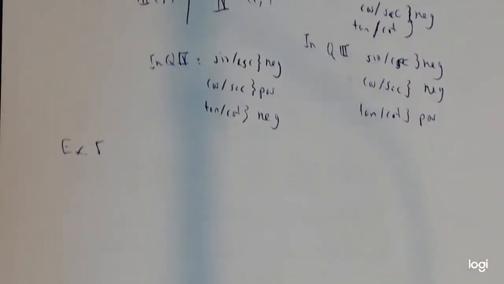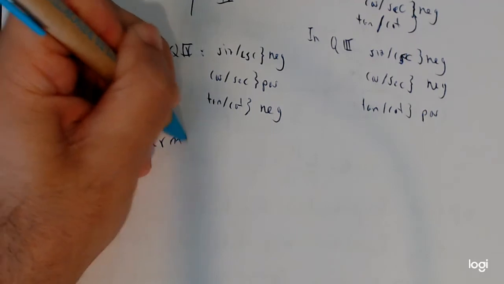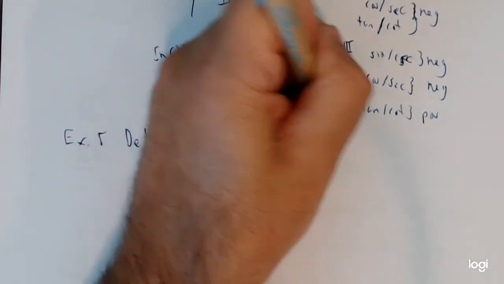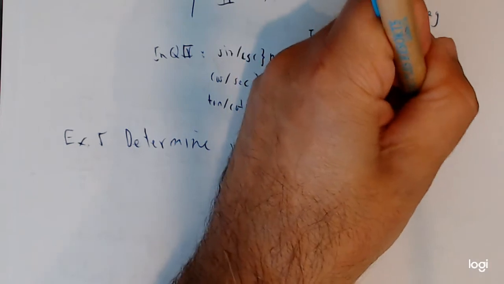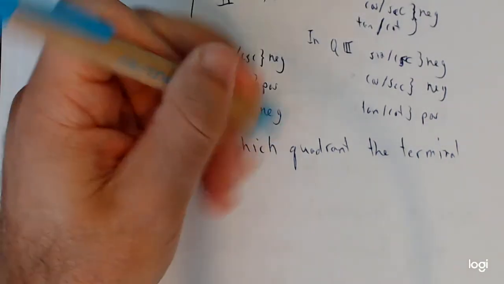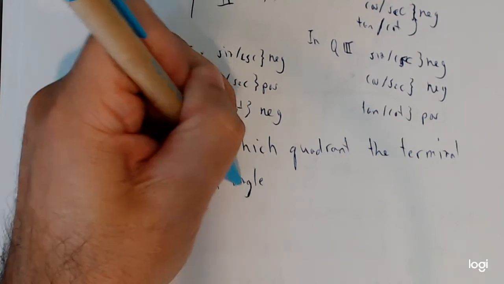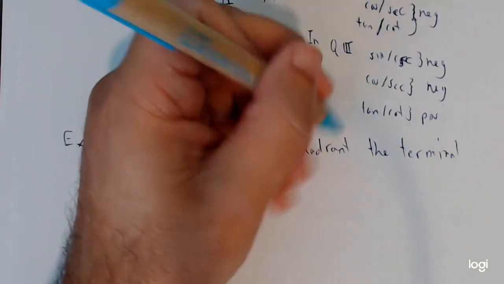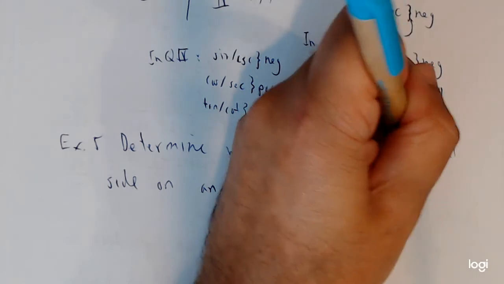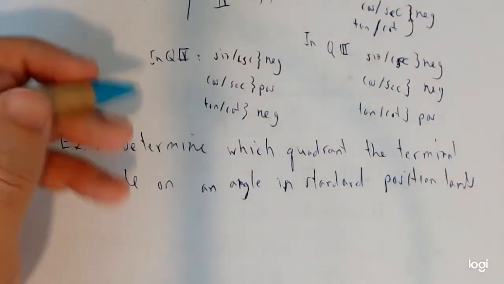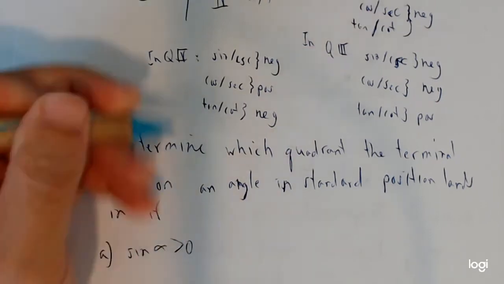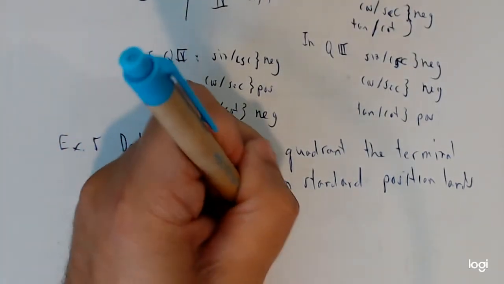So for example 5, we're going to say determine which quadrant the terminal side of an angle in standard position lands in if the sine of alpha is positive and the tangent of alpha is negative.